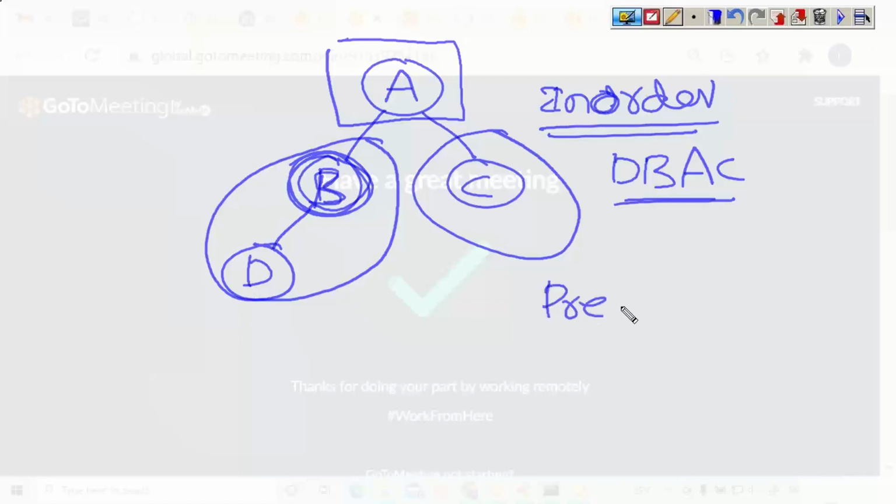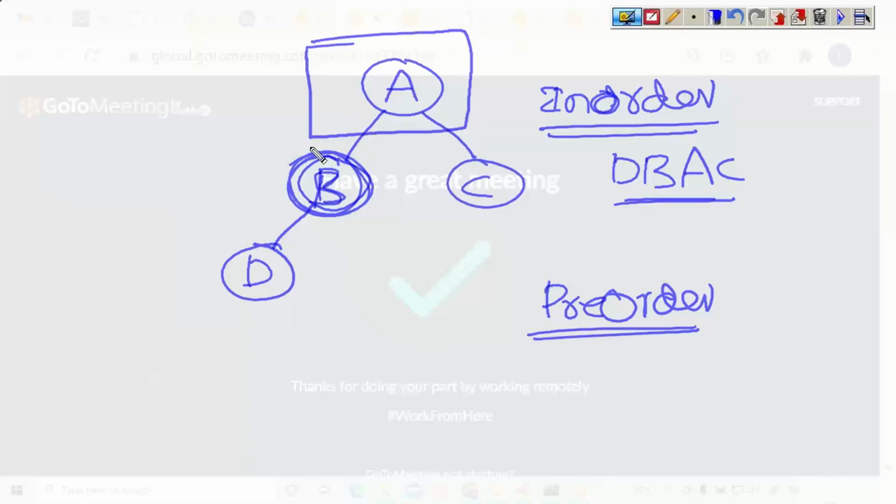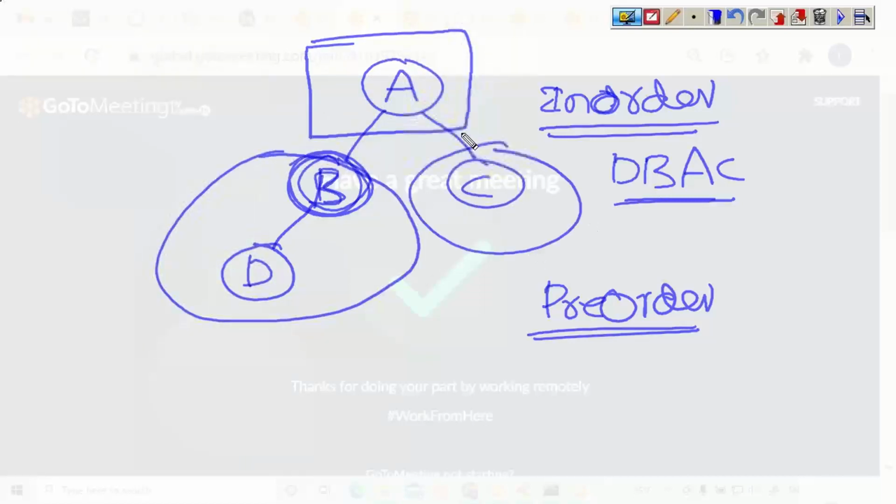Let's see pre-order. In case of pre-order, first you go for the root, then the left side completely, then the right side completely.